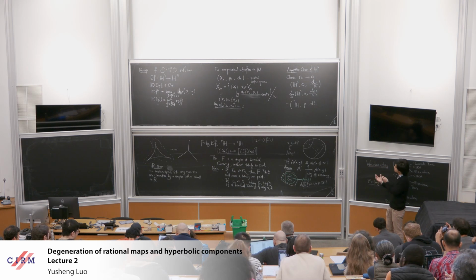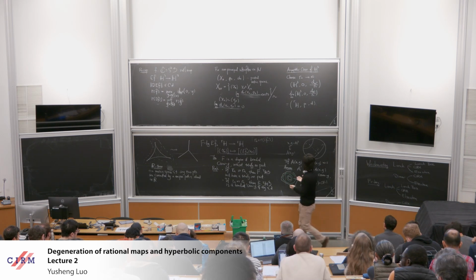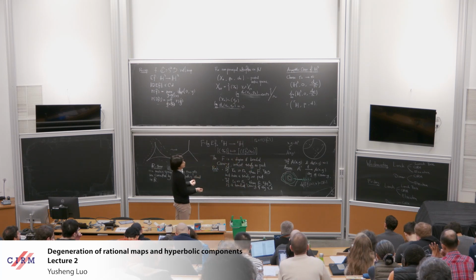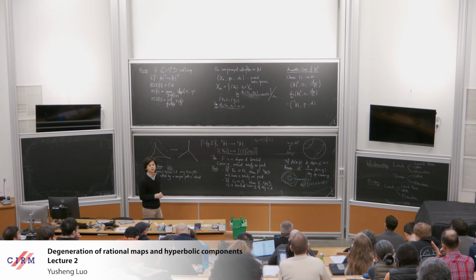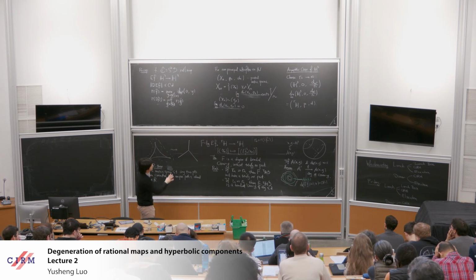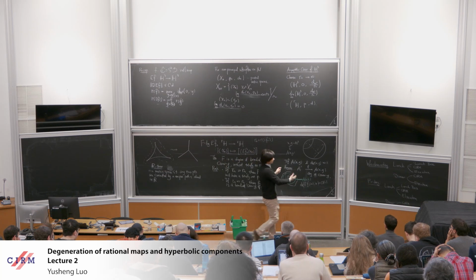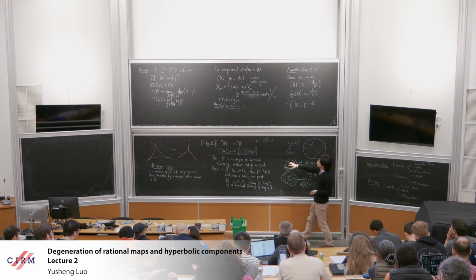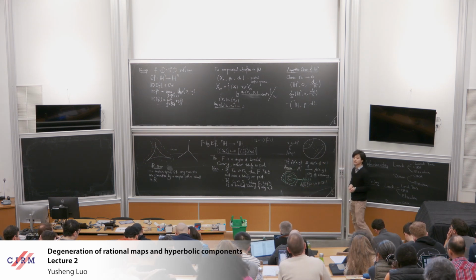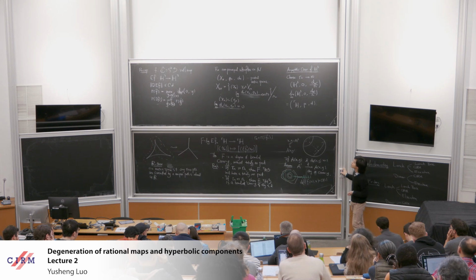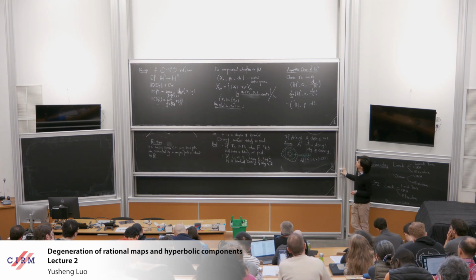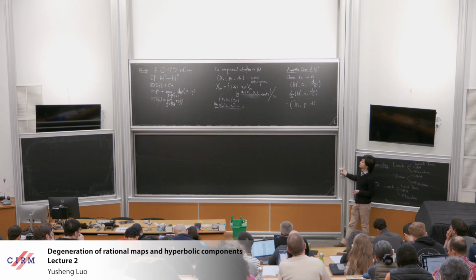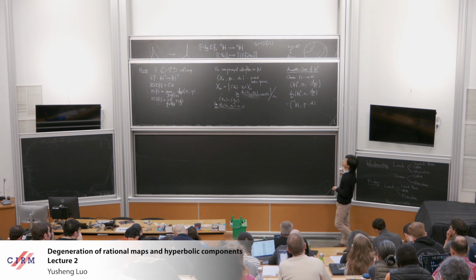So this tells you that this map is sort of like a covering map away from something like a critical locus. And then using this together with some estimate, you can actually prove that this is a degree d branched covering, basically. So that's the geometric part of the story.